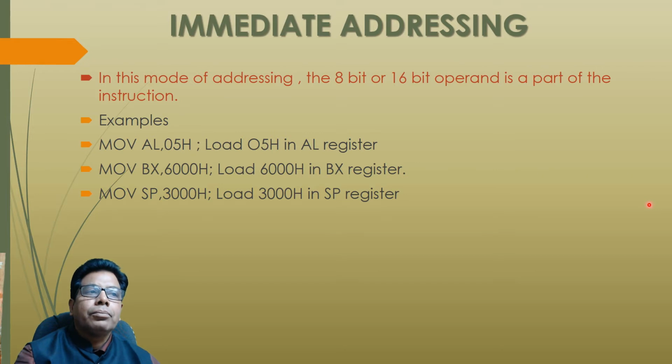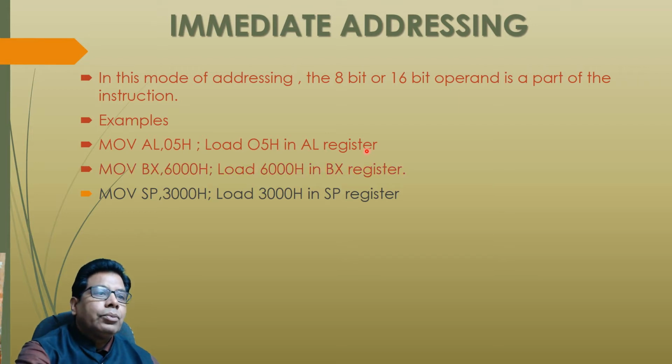So if you take the examples, MOV AL, 05. Now here 05 is the data and AL is the register where it is to be loaded. So this will load 05 in AL register.